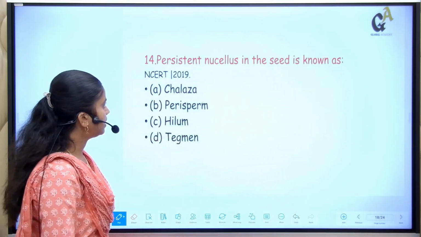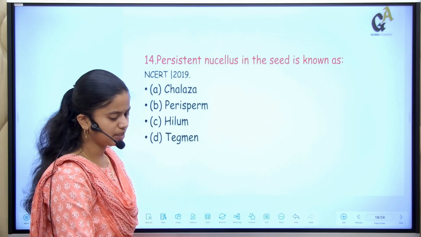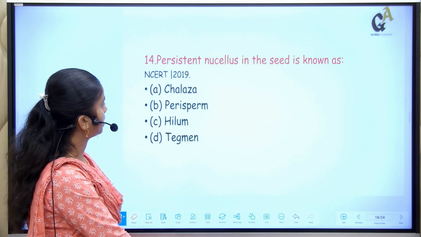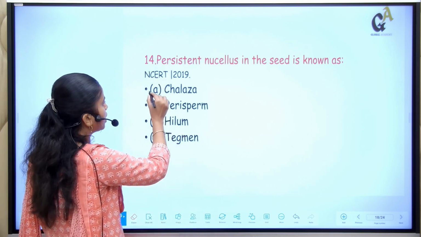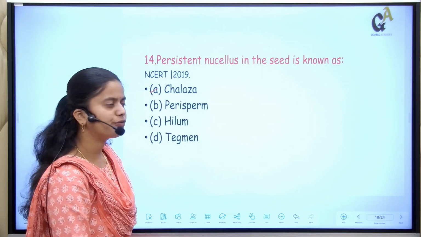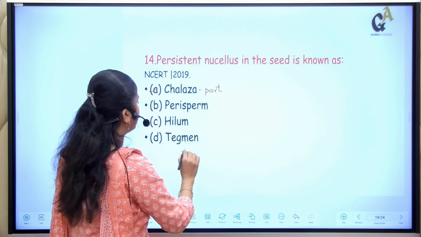The persistent nucleus in the seed is known as what? See, option A, chalaza is a part of the ovule. It was just a part of the ovule. Next, the hilum.